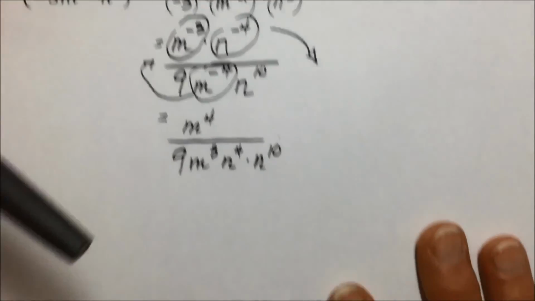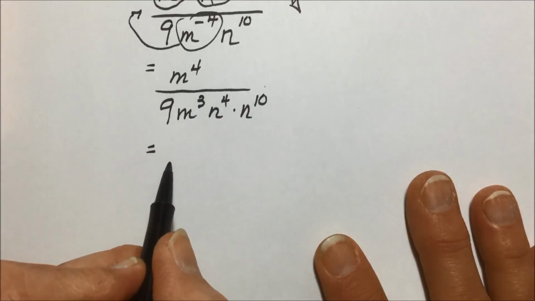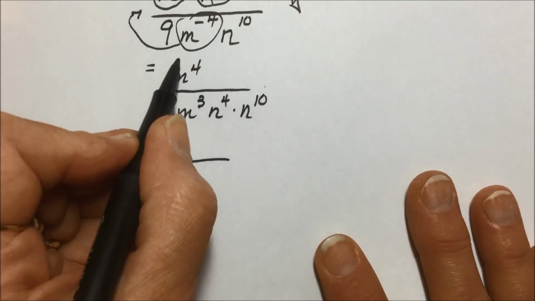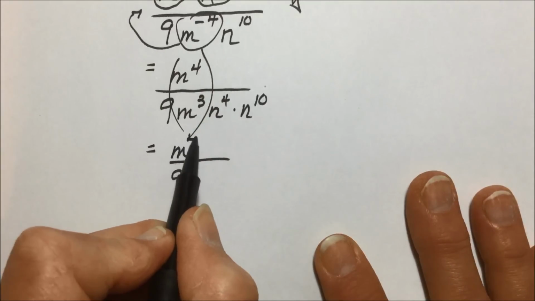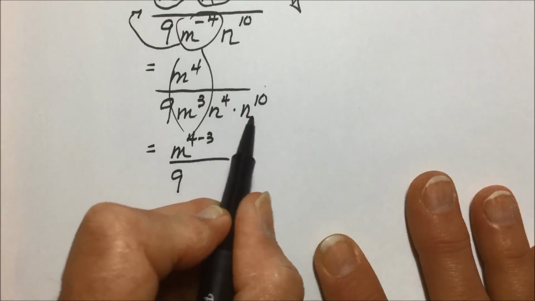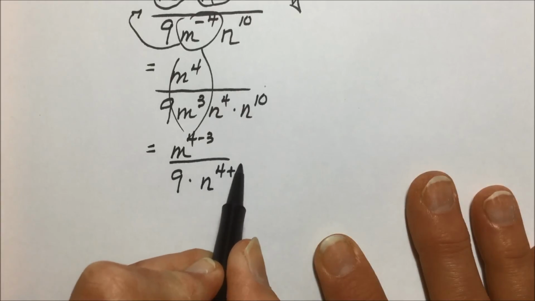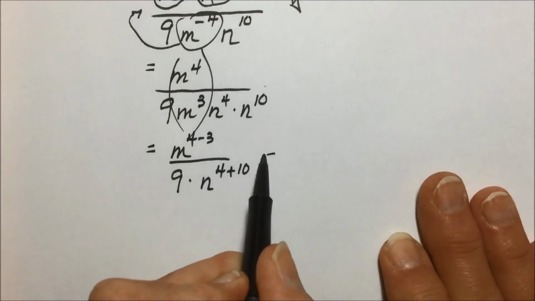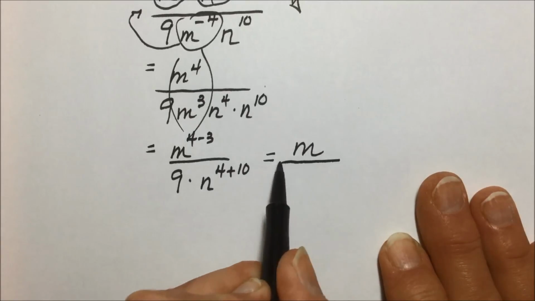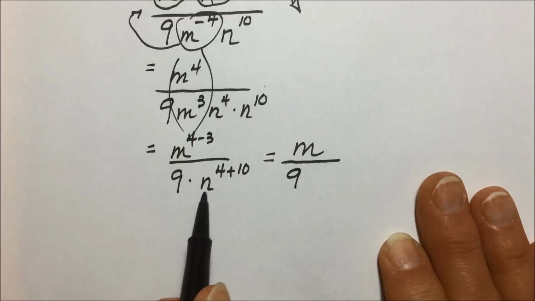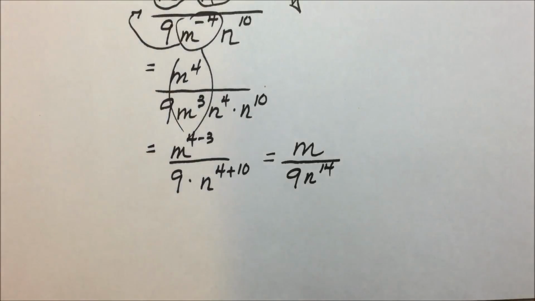So for our final simplification, we will have 9 in the denominator, but taking the quotient, we'll subtract our exponents. And since we have common bases in the denominator, we will add the exponential powers, which leaves 4 minus 1 is m to the first power, or just m. 9, common bases, add our exponents, leaves an n to the 14th power.